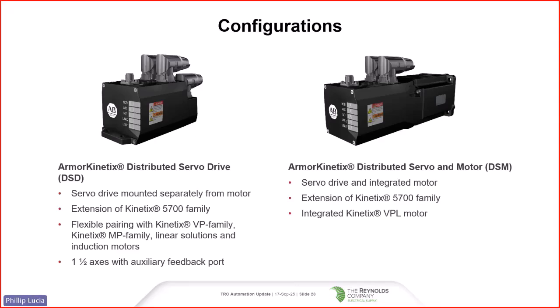There are 2 versions of Armor Kinetics to be aware of. There's a DSD distributed servo drive, which is an on-machine servo drive. It has a short cable run to the motor, and it can also be used as a feedback-only half-axis, so you get 1.5 axes with the DSD. It supports the largest variety of motors and actuators. The DSM is an on-machine servo drive with an integrated VPL motor, so there are no cables to run between drive and motor on this, just the cable to the drive.